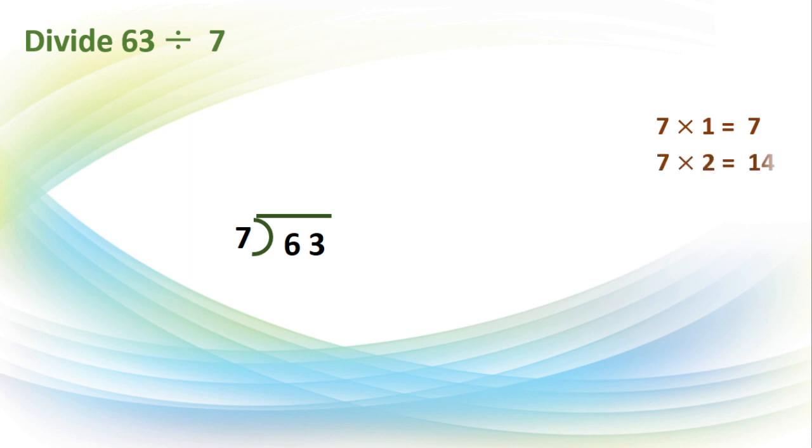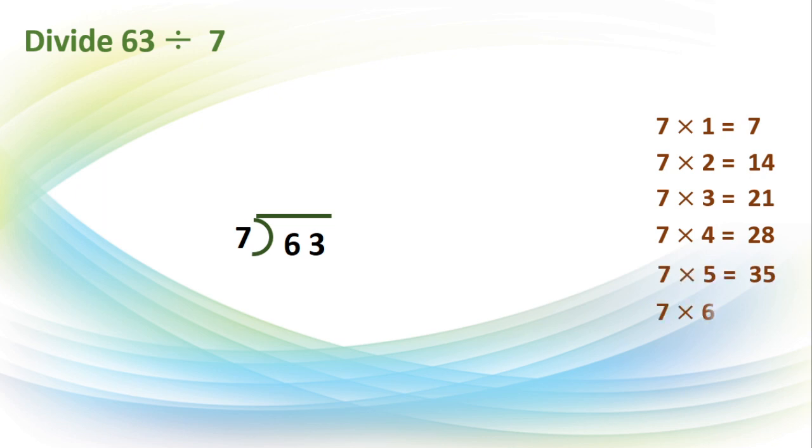Next, here we will take numbers directly. Divide 63 by 7. Yes, you know that 7 1 is 7, 7 2 is 14, 7 3 is 21, 7 4 is 28, 7 5 is 35, 7 6 is 42, 7 7 is 49, 7 8 is 56, 7 9 is 63.